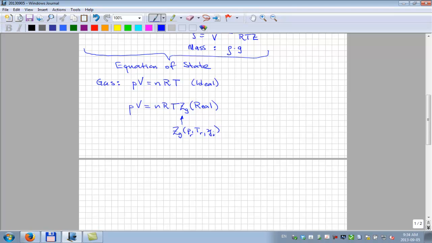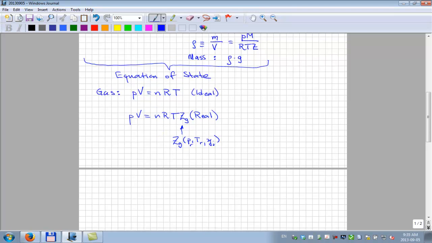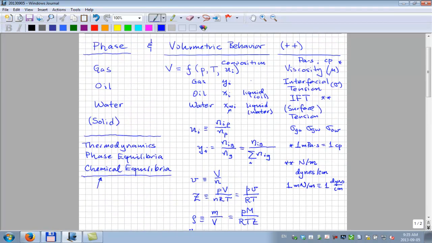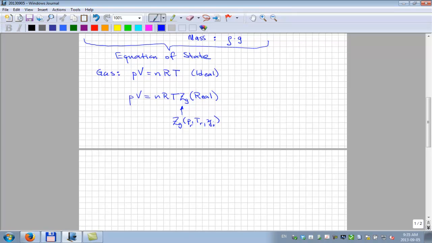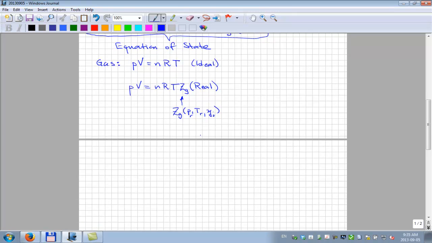We haven't really talked much about oils and what we need in terms of coming up with the phase and volumetric behavior of oils alone. I will mention that the gas equation of state here is limited only to describing the volumetric phase behavior. It generally is not used for phase equilibrium thermodynamics, okay?